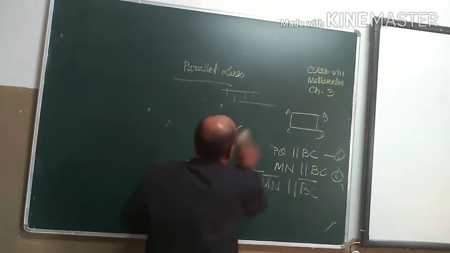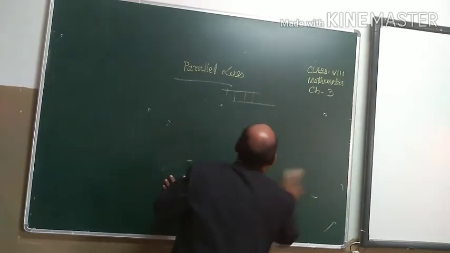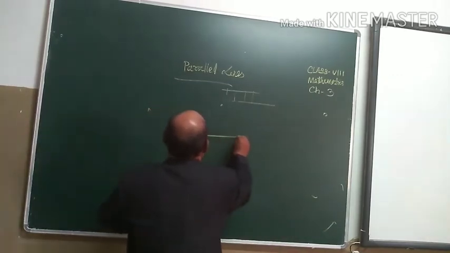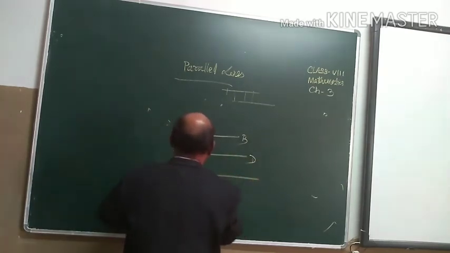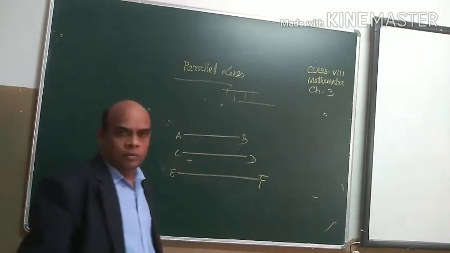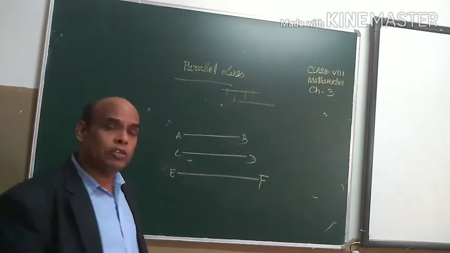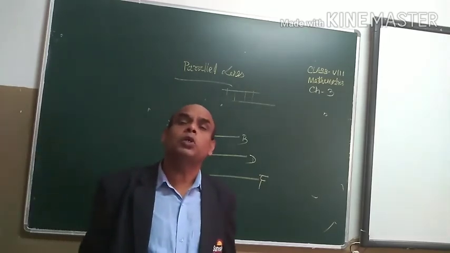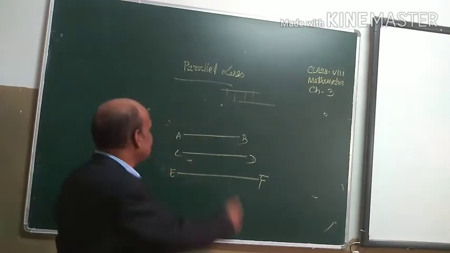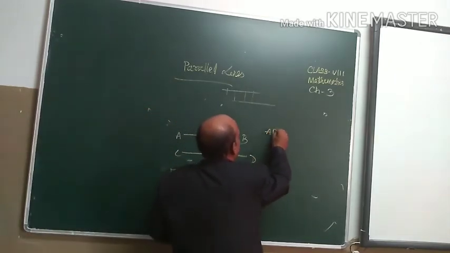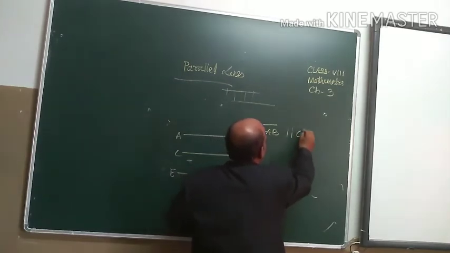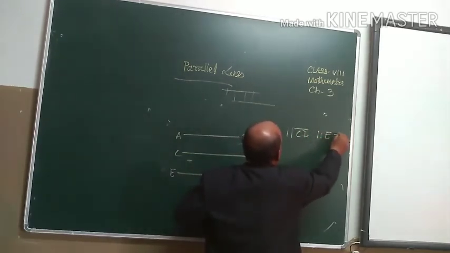Now you see, suppose AB is a line, another line CD, another line EA. So I am saying AB is parallel to CD, parallel to EA.